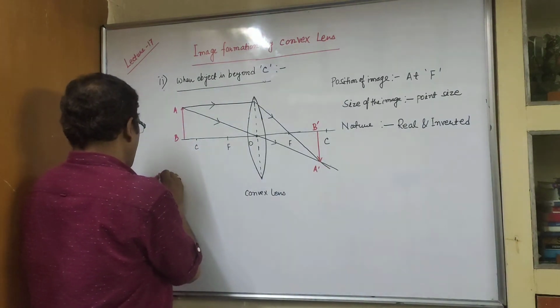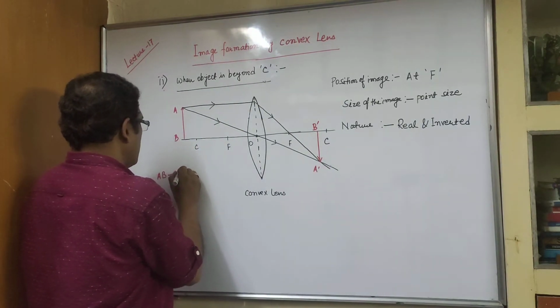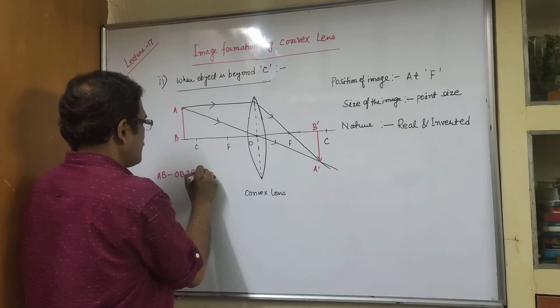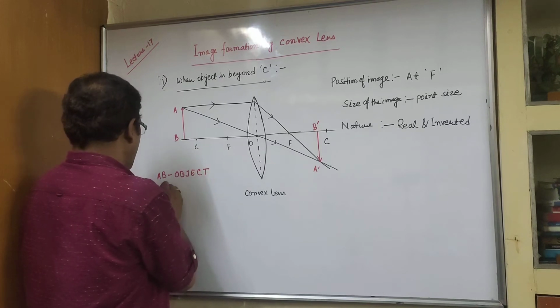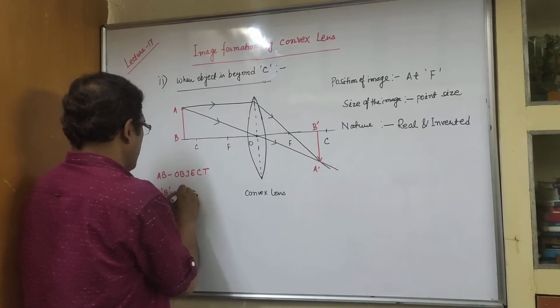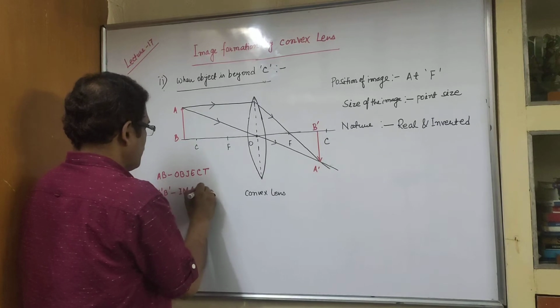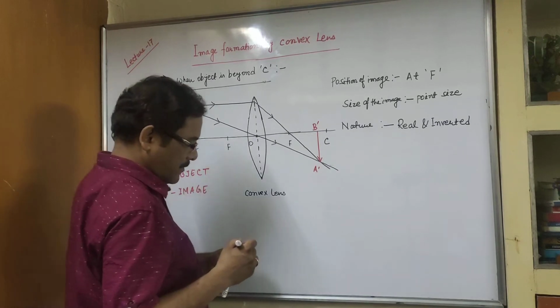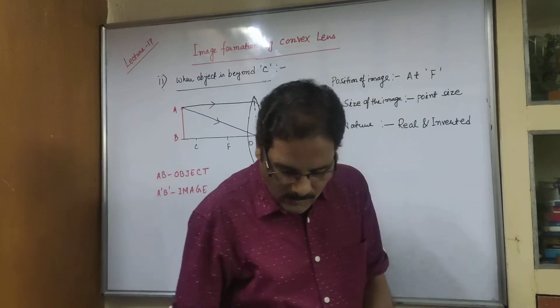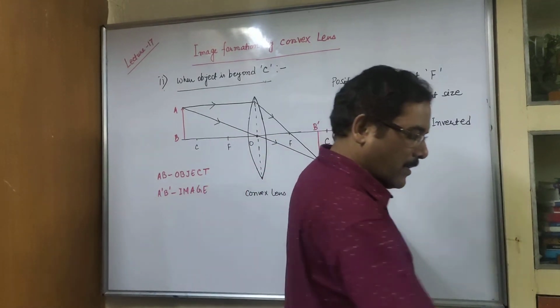Suppose AB represents object and A dash B dash represents image. So there will be a change here also.